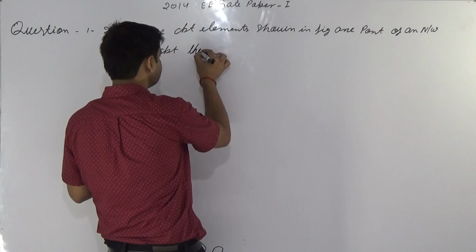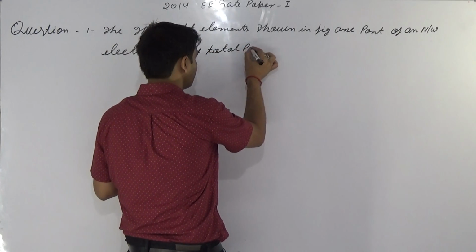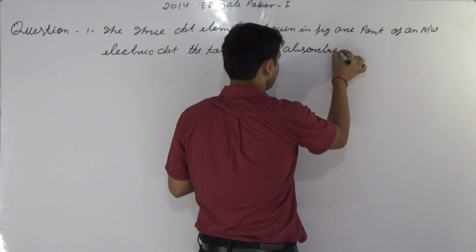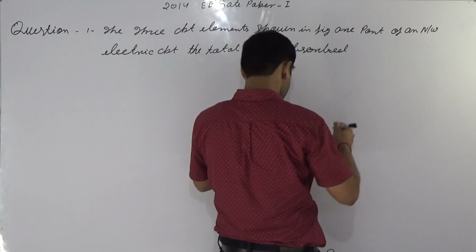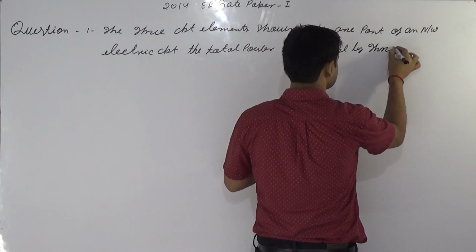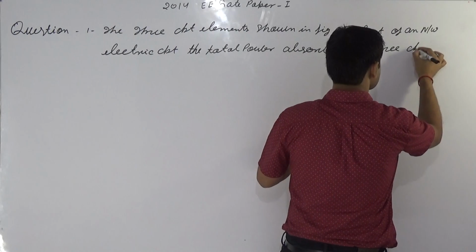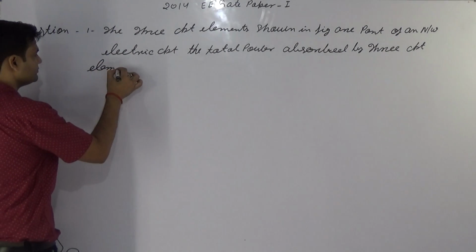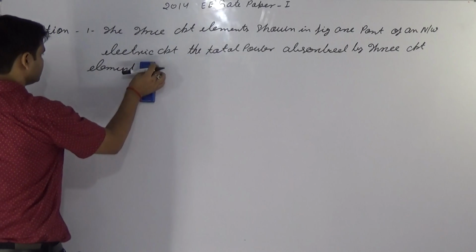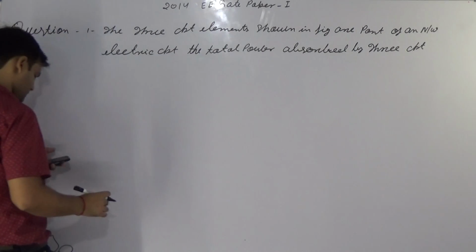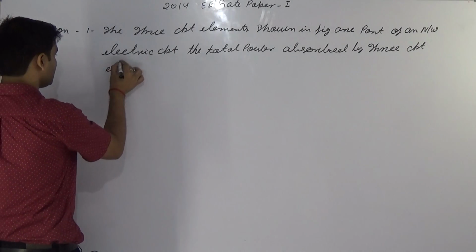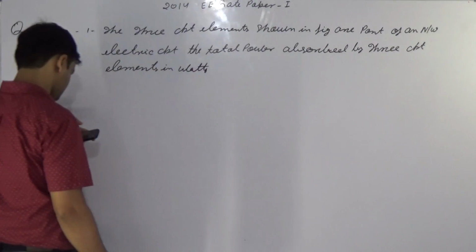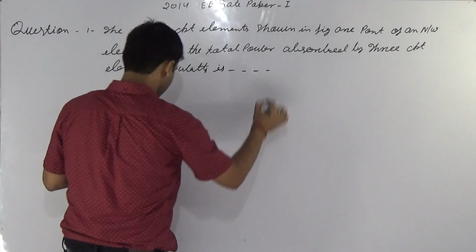The total power absorbed by the three circuit elements in watts is... This is a fill in the blanks.